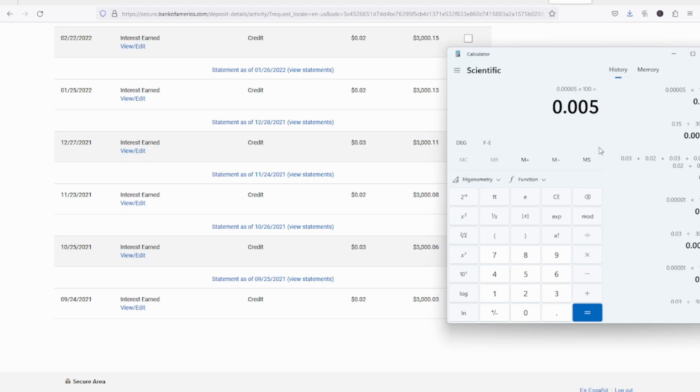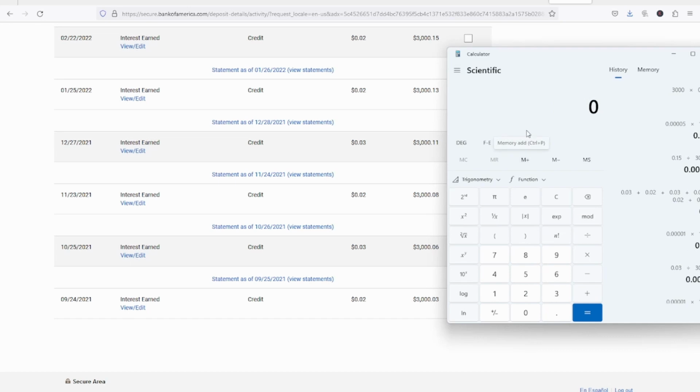That is what you're getting. And if you round that further, if you round it to 1 decimal point, it would be 0% on your $3,000 for 6 months. Basically nothing. So that's the situation with your savings account.